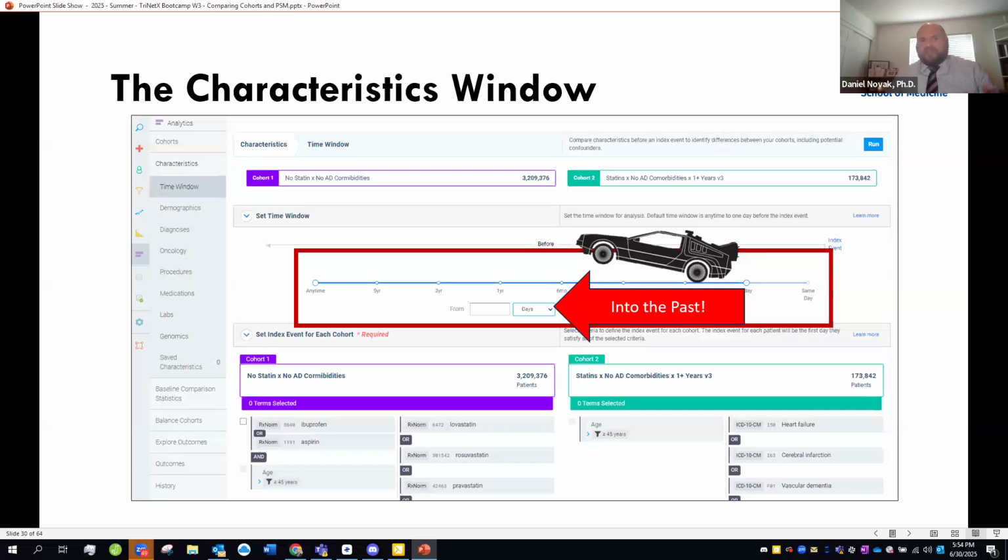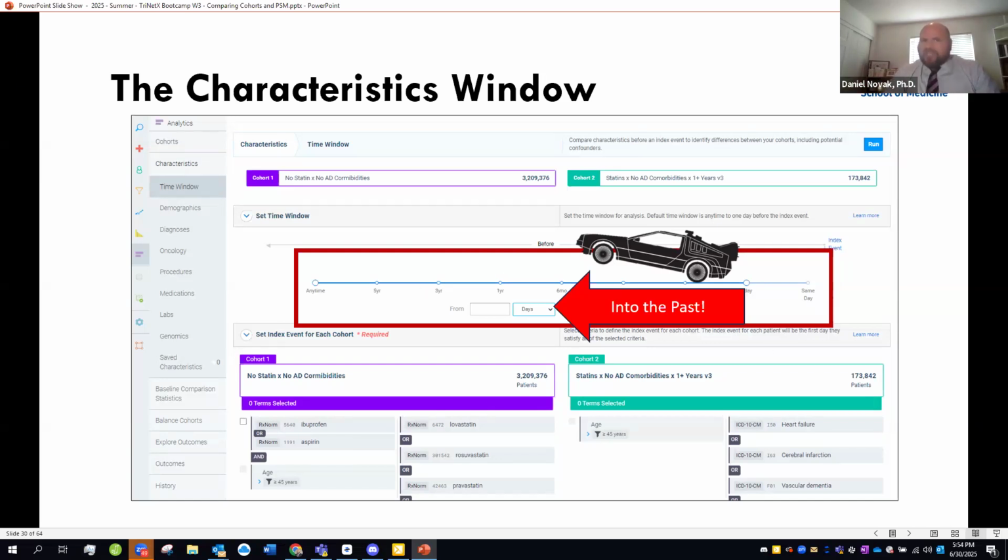For example, if the index event began with a person getting an ibuprofen and an aspirin and having an office visit, we could say we only want to see people who've had that in the last 5 years relative to their health record. Anyone who had it 10 years ago is excluded. We want to only include people who had those index events in this time frame, and it stops there. So we can define how far into our past we're looking.